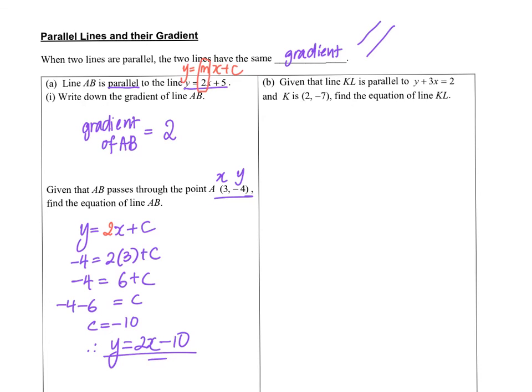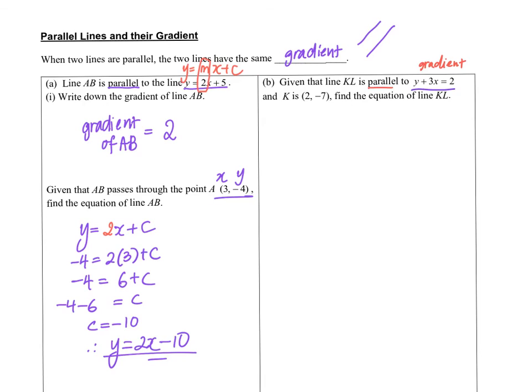And this will be the answer. Have you gotten the answer? Now we should try question B, and then I'll leave the next page for you as your own practice. Question B. The line KL is parallel to y plus 3x equals 2, and K is that particular point. So if I want to find the equation of KL, parallel means the gradient comes from this equation.